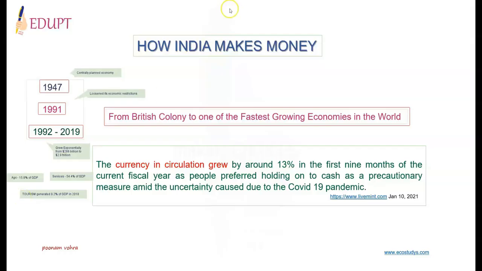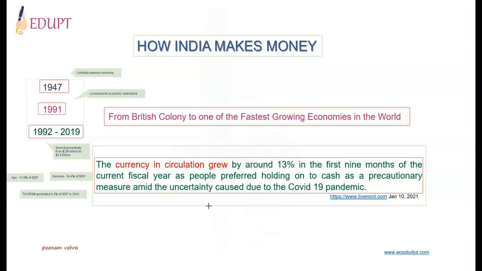Not only that, the currency in circulation grew by around 13% in the first 9 months of the current fiscal year, as people preferred holding on to cash as a precautionary measure amid the uncertainty caused due to the COVID-19 pandemic.